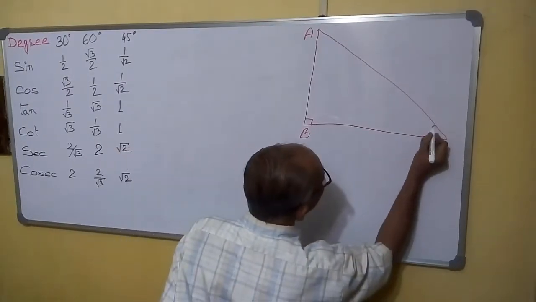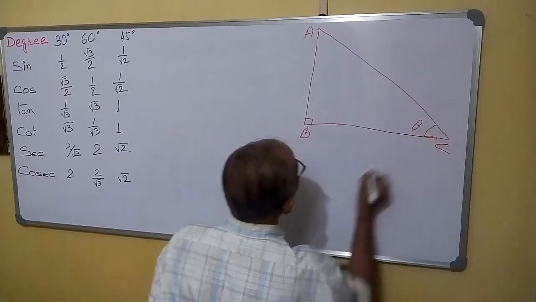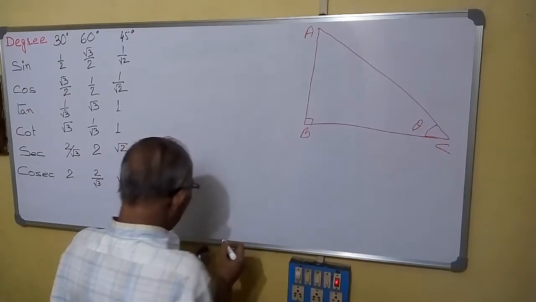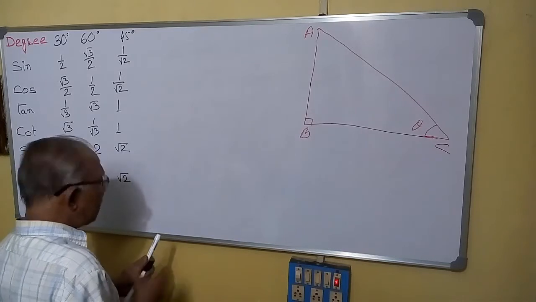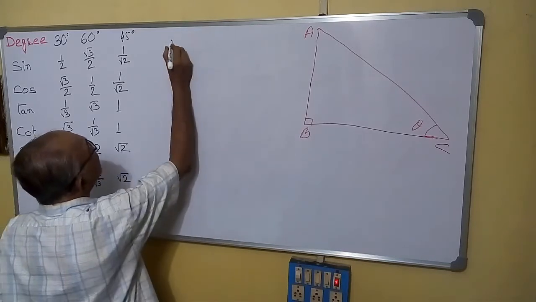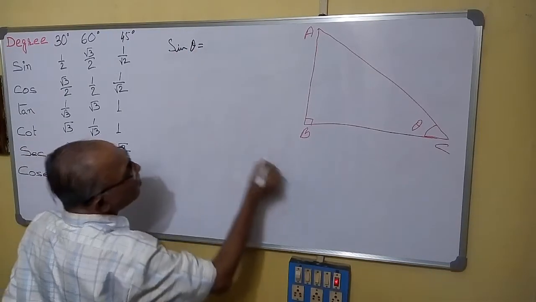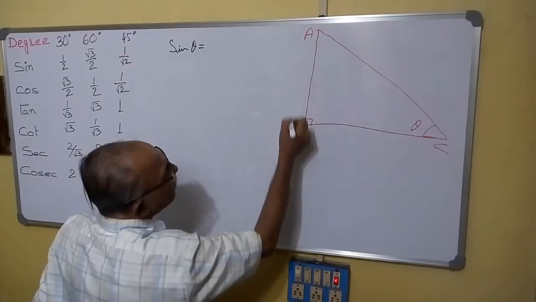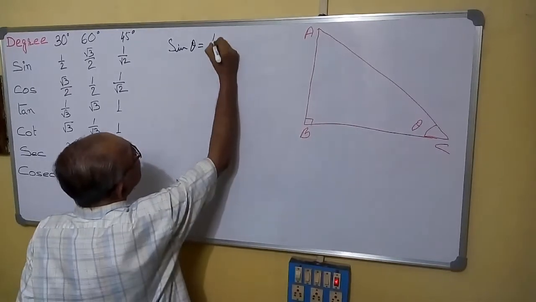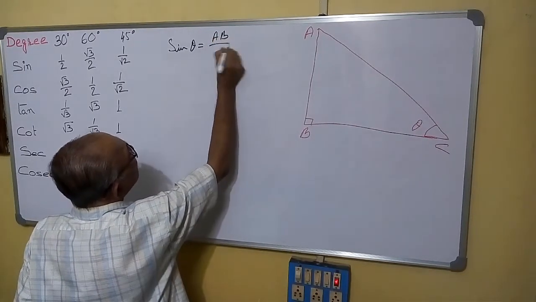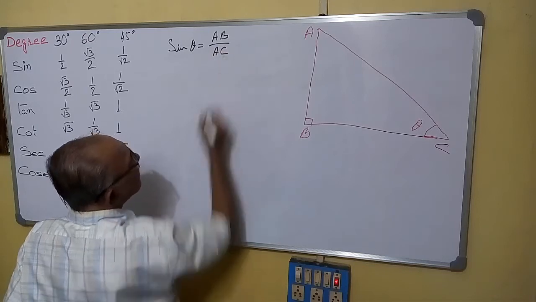Let us further assume this is theta. So, what I will show you is that sin theta equals perpendicular by hypotenuse, AB by AC.